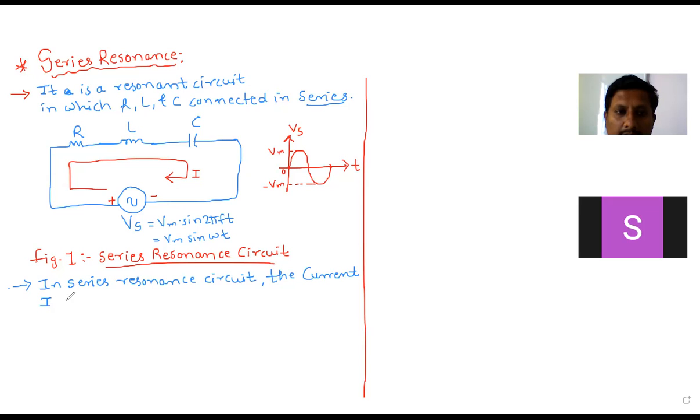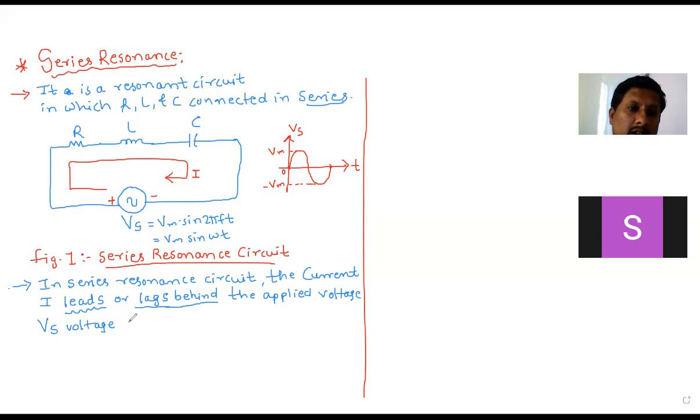The current I leads or lags behind the applied voltage Vs. This depends upon the values of XL and XC. So anyone knows what do you mean by XL and XC?